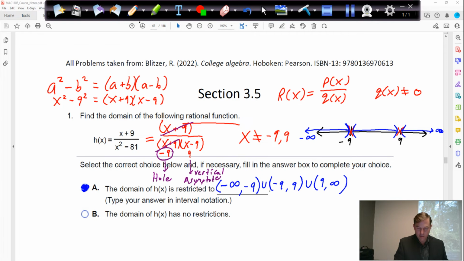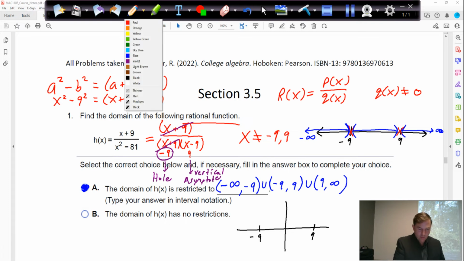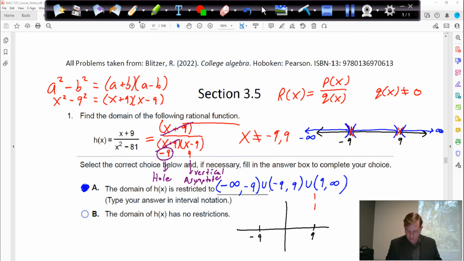So a hole, well, let's actually go a little bit more with this. So on the graph, at minus 9, I have a problem, and at positive 9, I have a problem. At positive 9, you get what's called a vertical asymptote. So it's a dashed line. And basically, the graph for large values will not cross that.